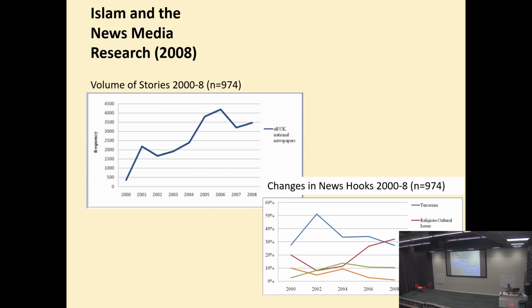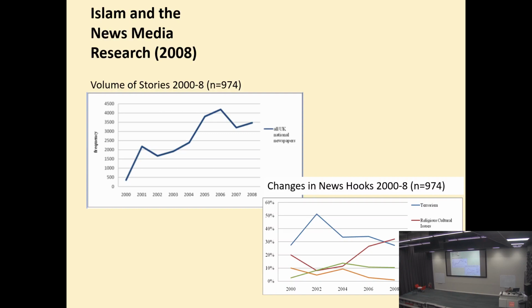And then the other thing she looked at here is news hooks. What did the journalists say had caused them to write this story at this moment in time? And the blue line at the top there, in the bottom right-hand graph, is terrorism seen as the prompt, and you can see a huge peak in 2002.